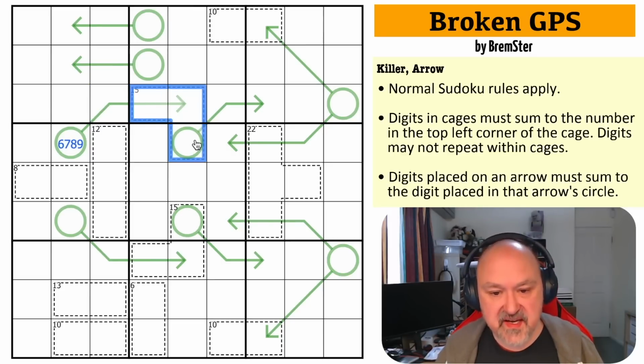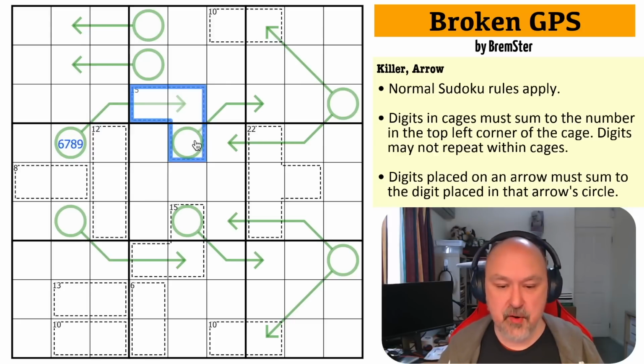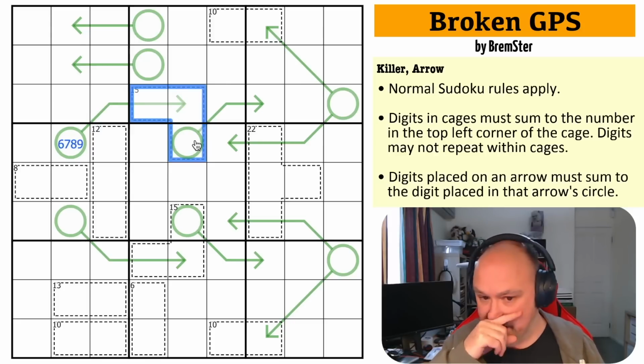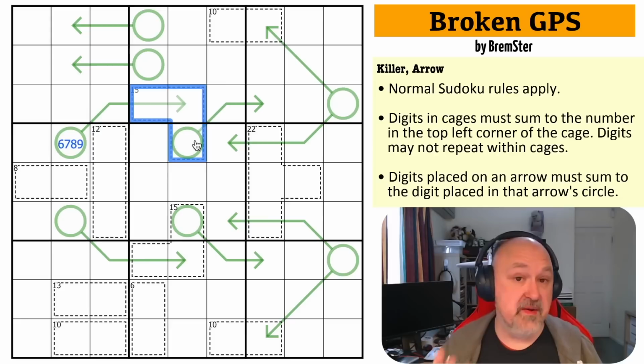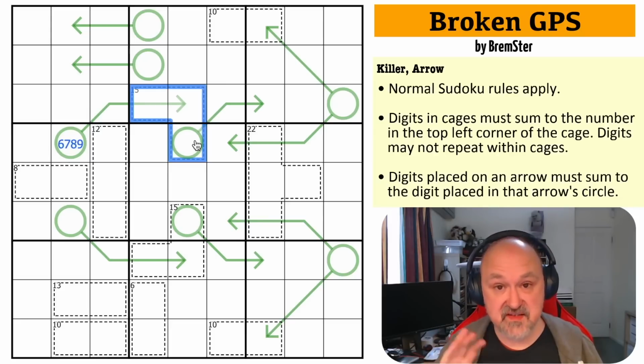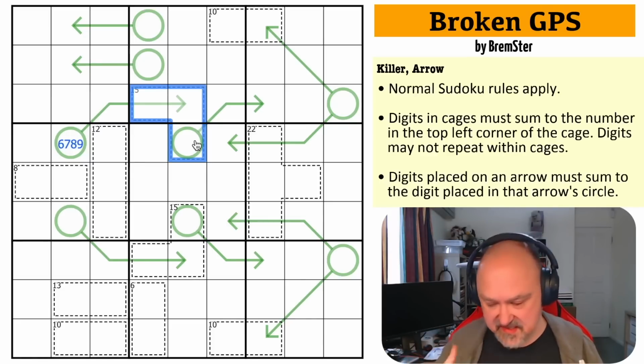Now, the 15 cage also has interesting properties. A 15 cage can be made up of 3 middling digits. 4, 5, 6 is 15. But if you put 2 mid digits into a 15 cage, the other digit must be mid. So 4, 6, what you're missing is a 5. 4, 5, what you're missing is a 6.